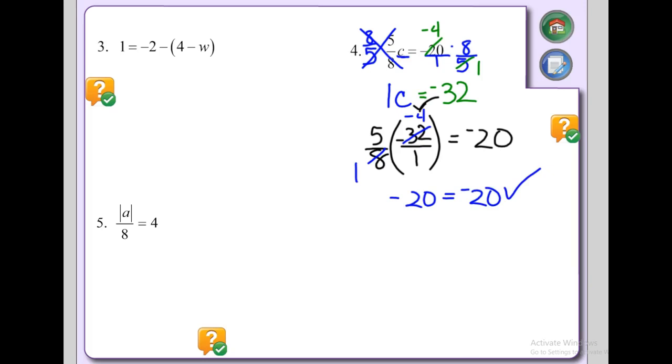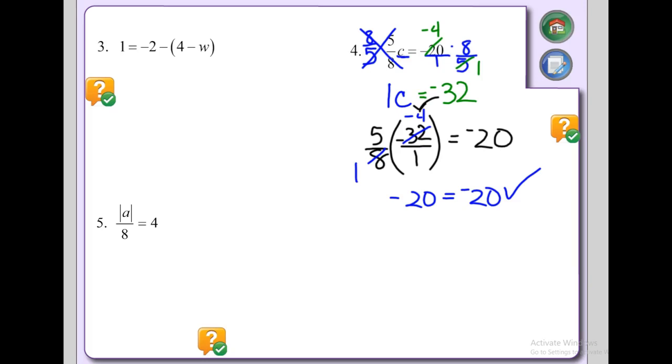Okay, now let's remind ourselves and look at something in number 5. Who remembers what these brackets stand for in number 5? That's right. Those are absolute value brackets. So, for me to solve this problem, before I can solve for A, I need to get those brackets alone. So how am I going to get A alone?